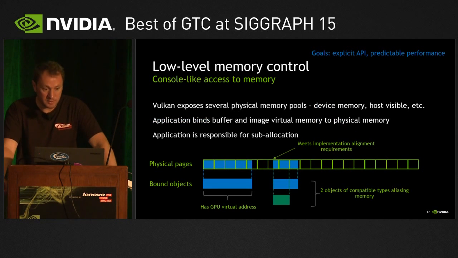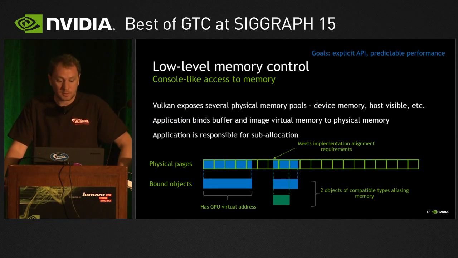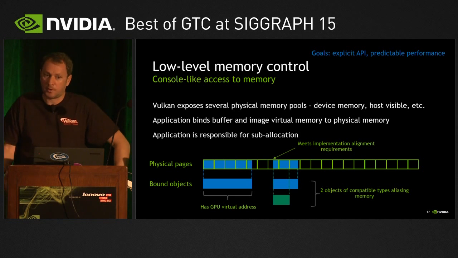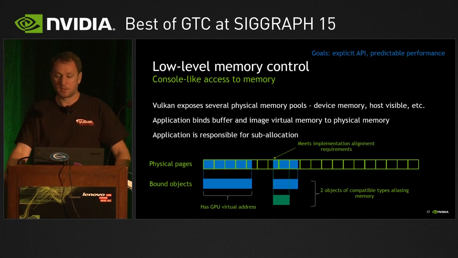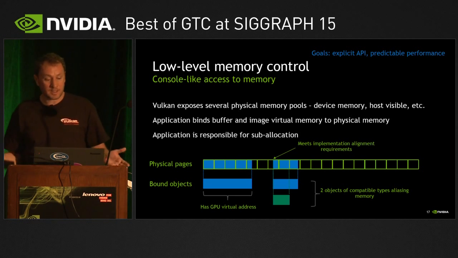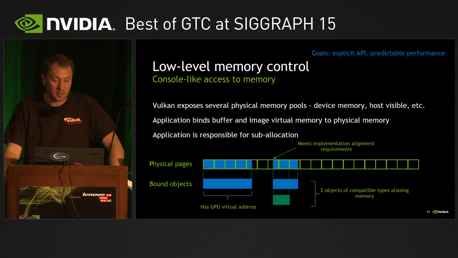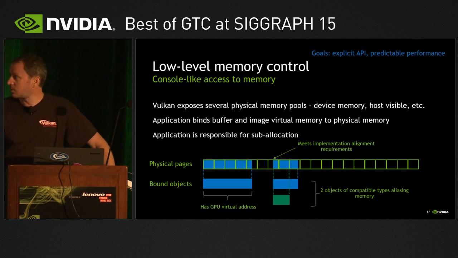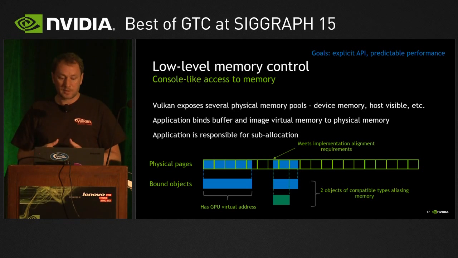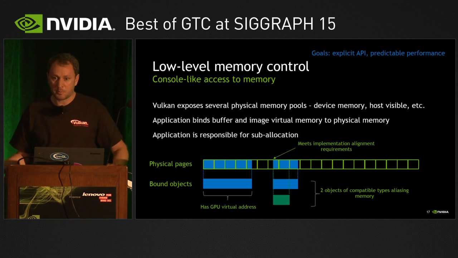So one of the things Vulkan has is a low-level memory API. And a lot of the ISVs have been asking for this. It's kind of like console-like access to memory on any platform. So the application basically allocates physical pages. And then when they have objects, like image objects or buffer objects, they have virtual addresses, but they have no memory backing.